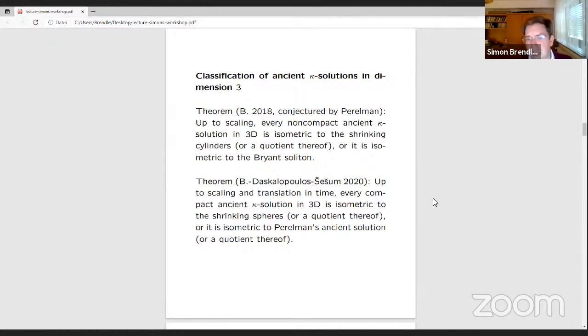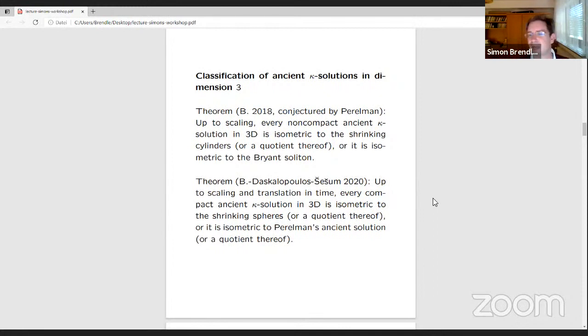Right, now in this lecture, I want to focus on the non-compact case. So basically, the non-compact case is a necessary step towards understanding the compact case. So you have no chance to understand the compact case if you don't first understand the non-compact case.